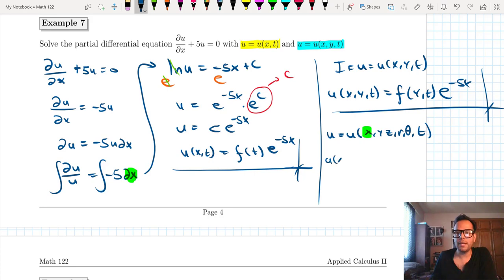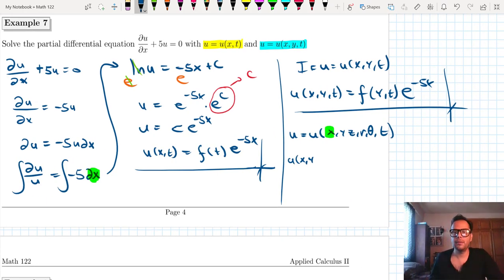So our u of x, y, z, r, theta, t will still have this e to the negative 5x, but it will be multiplied by some f of the variables that were held constant, so some function of y, z, r, theta, t, times e to the negative 5x.